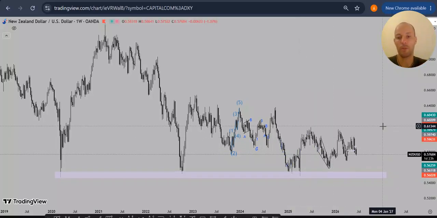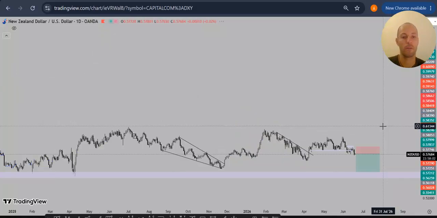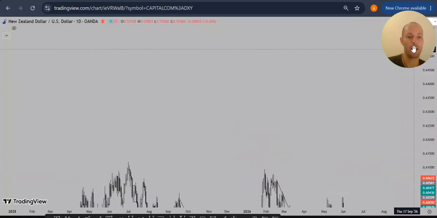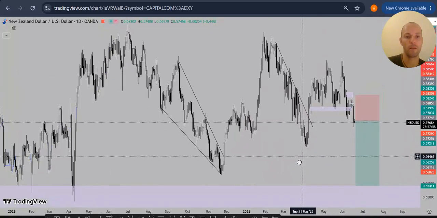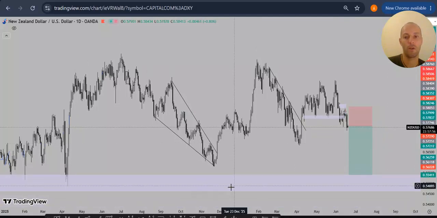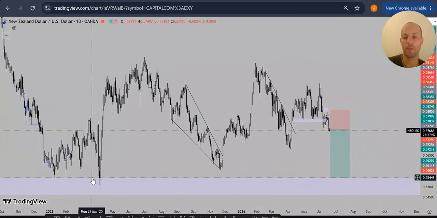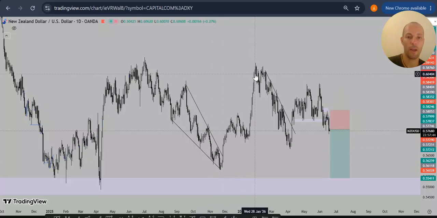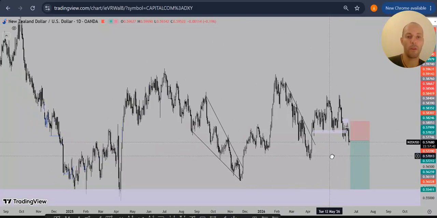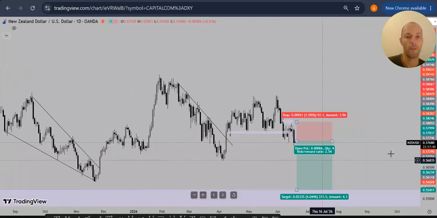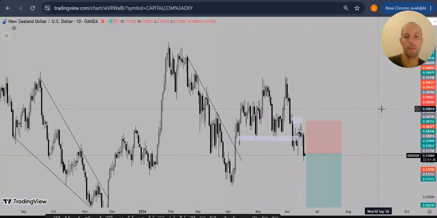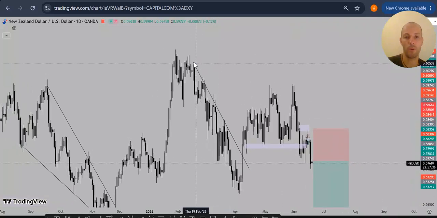Now let's go down to the daily time frame. And on the daily time frame, we can see that price goes up, bullish, then goes down, up again, down, and here, we can see this beautiful trend line.